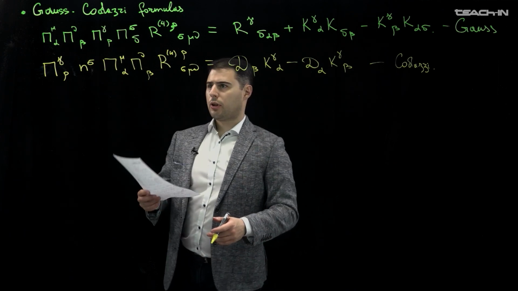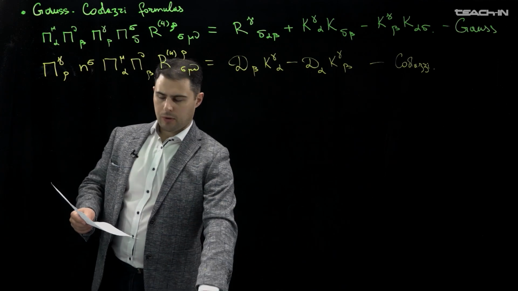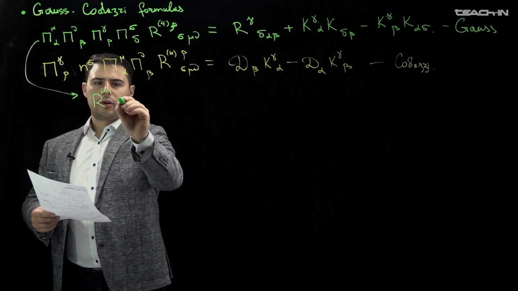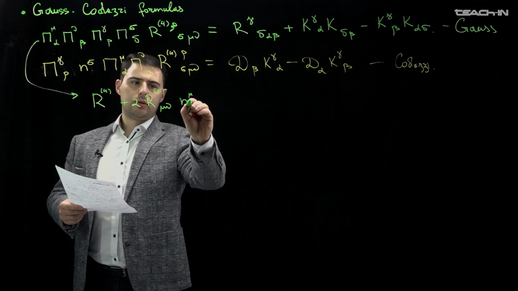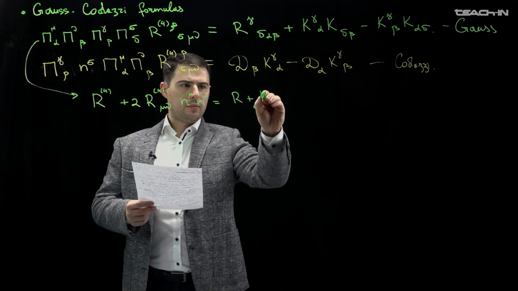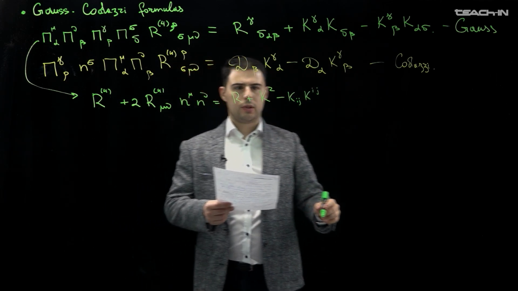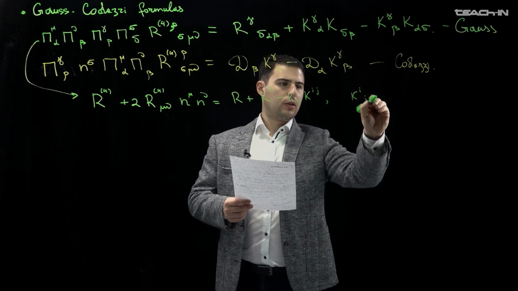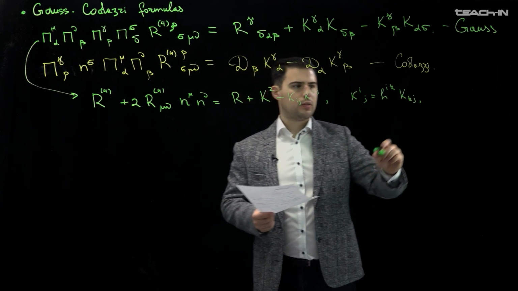An important consequence comes from contracting the indices of the Gauss formula, for which we find that, in particular, the four-dimensional square curvature plus the four-dimensional Ricci tensor contracted on the normals equals the following combination, where the raising of the indices is done with respect to Hij, and K is the trace.